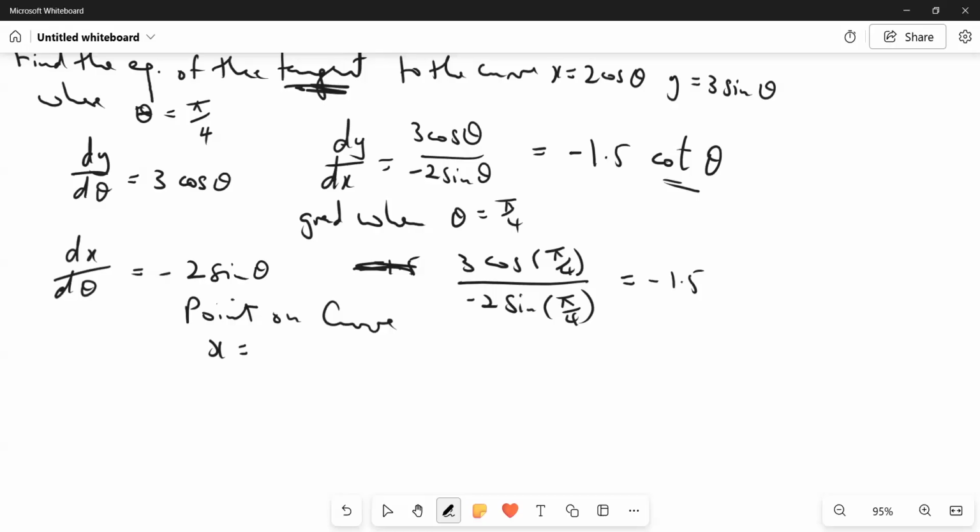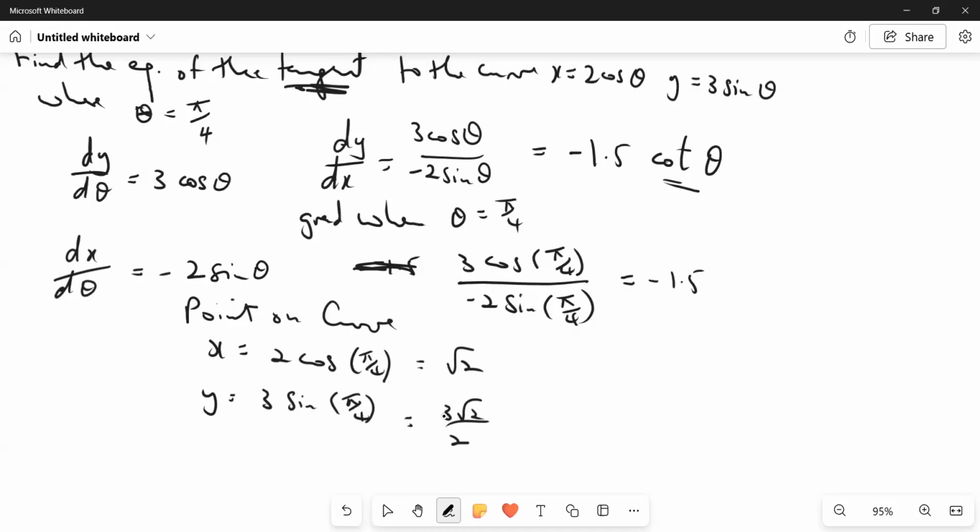So x is going to be 2 cos of pi over 4, and y is going to be 3 sine of pi over 4. These values turn out to be x equals root 2, and y equals 3 root 2 over 2.